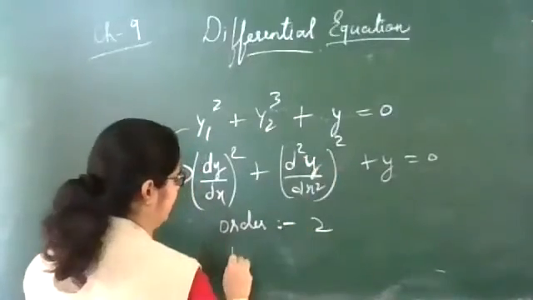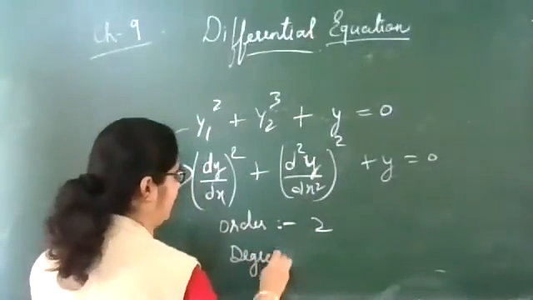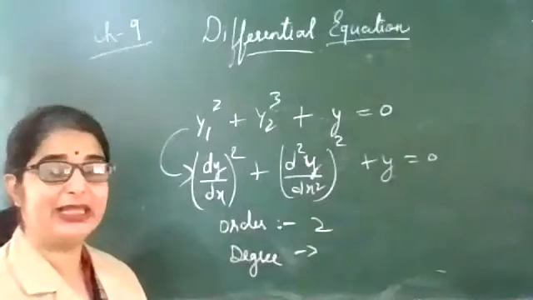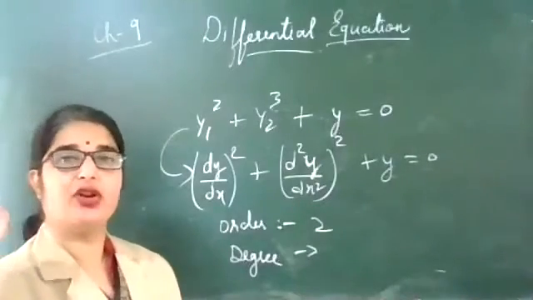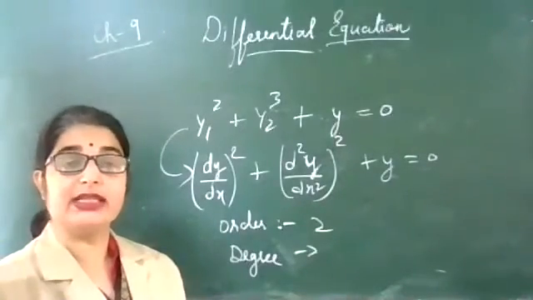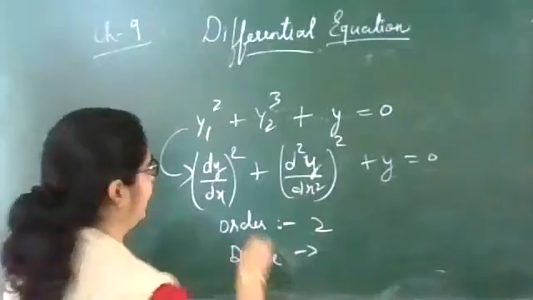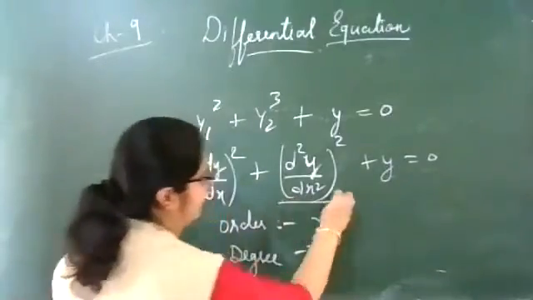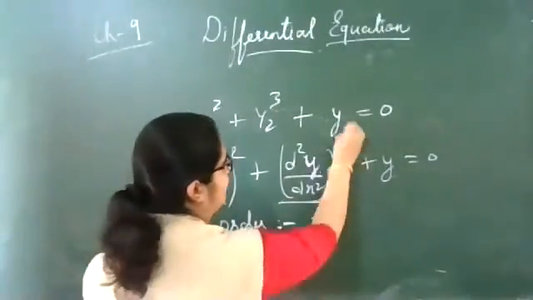In the same way, what is the degree? Degree means: whatever the highest order derivative is, what is the power of it? In this equation, the highest order derivative is this. What is the degree of this?